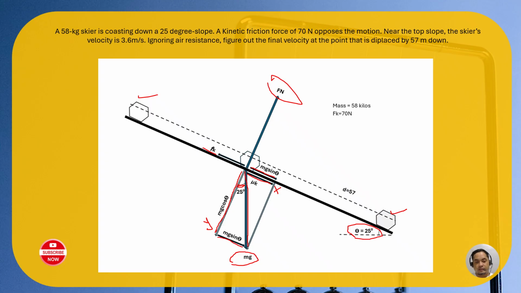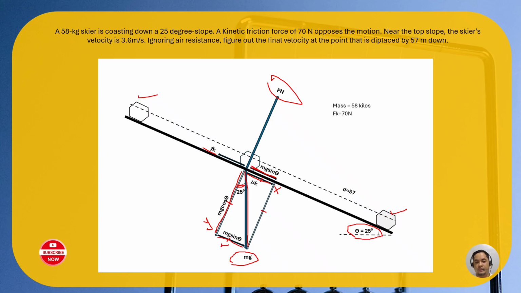And don't forget that this vector is equal to this vector here. And obviously, this x component of the mg is equivalent to this x here. So the value of this vector is equal to mg sine theta.